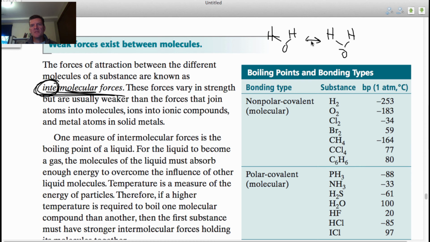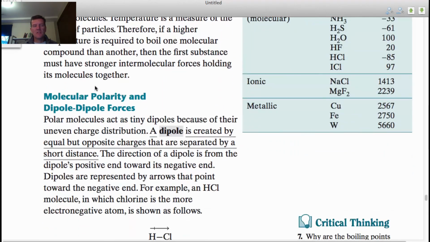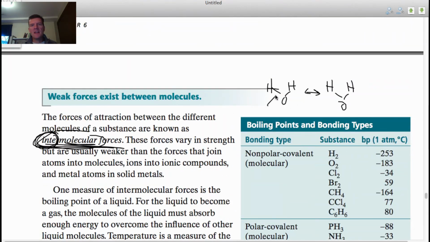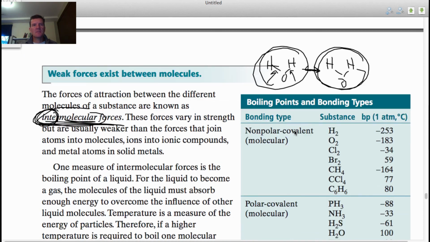What is the attraction between those two so that water is somewhat cohesive? Well, that's what intermolecular forces do. So let's talk about those. I'm not talking about the bonds that hold the hydrogen and the oxygen together. I'm talking about one water molecule and another water molecule. What is keeping them attracted?